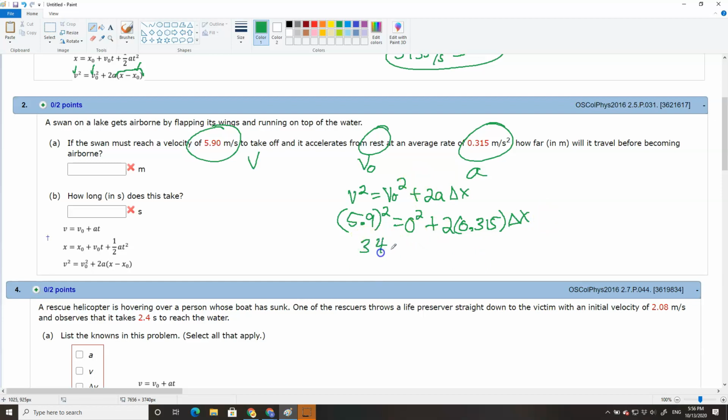You get 34.8 equals 0.63 delta x. Delta x will be 55.2 meters.